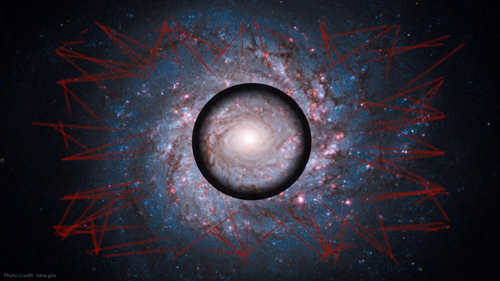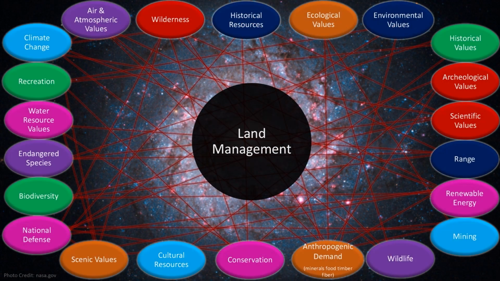All of these factors are related to one another in a variety of ways, and all have their own group of hominids advocating for their stronghold in the schema of land management. Even in land management, every action has an equal and opposite reaction.